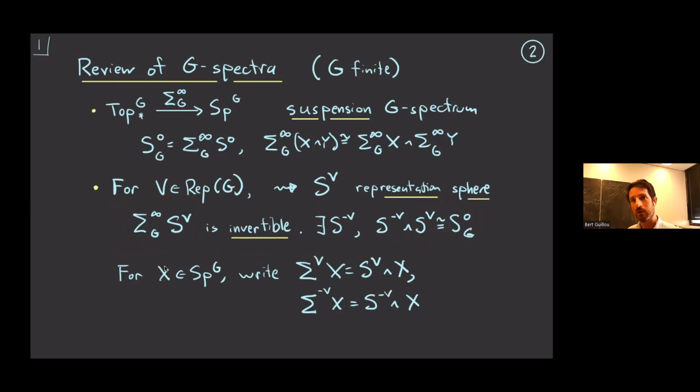In the non-equivariant case, we have not only positive spheres but also negative spheres, and this is just the generalization to the equivariant world. Some notation: this operation of smashing with S^V is pretty important, so we use sigma^V to denote that, and similarly sigma^{-V} is smashing with its inverse.